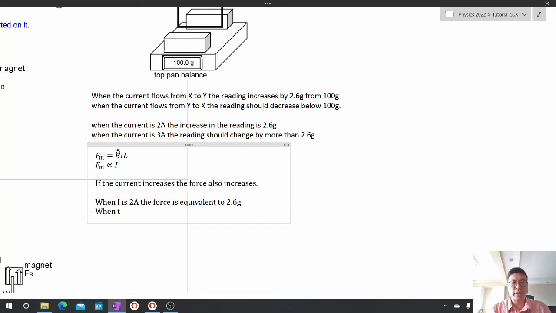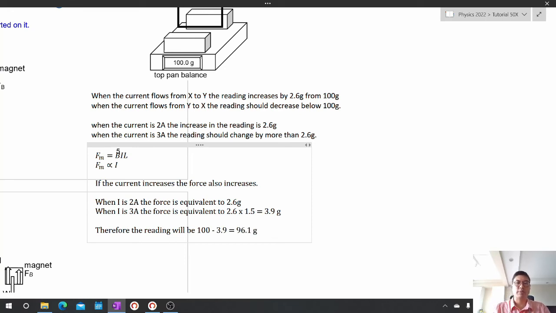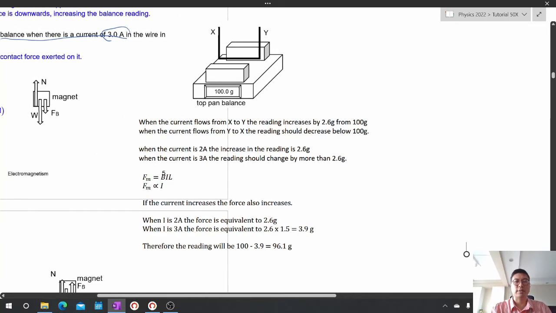So when I is 3 amps, the force is equivalent to 2.6 grams times 1.5, that would be 3.9 grams. Therefore, the reading will be 100 minus 3.9 grams, which will be 96.1 grams. So this is the final answer.